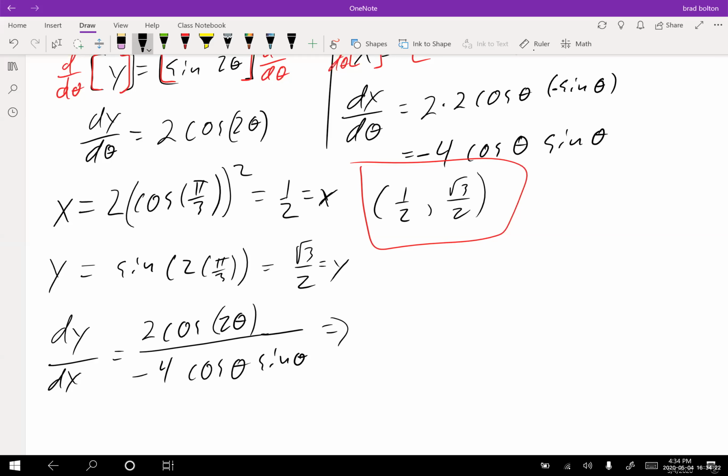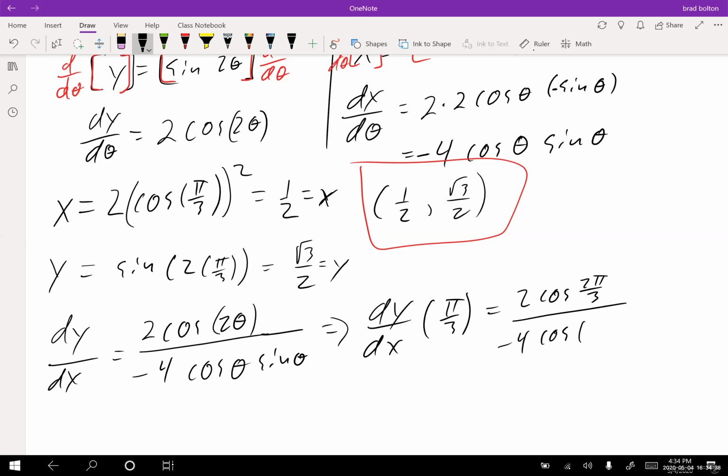And then we're going to use dy dx of pi over 3, which is equal to 2 cosine of 2 pi over 3 divided by negative 4 cosine of pi over 3 times sine of pi over 3.